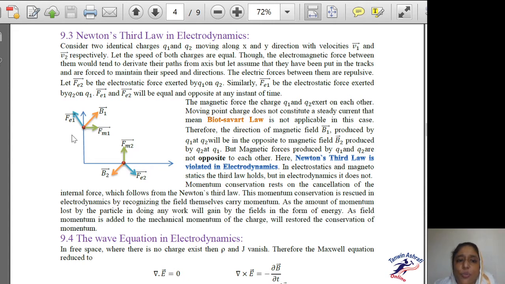Let the speeds of both charges be equal. Though the electromagnetic force between them wouldn't tend to drive their path away from the axis, let us assume they have been put in the same track and forced to maintain their speed and direction. The electric force between them is repulsive, as you can see. F is repulsive, having the same magnitude but opposite in direction.